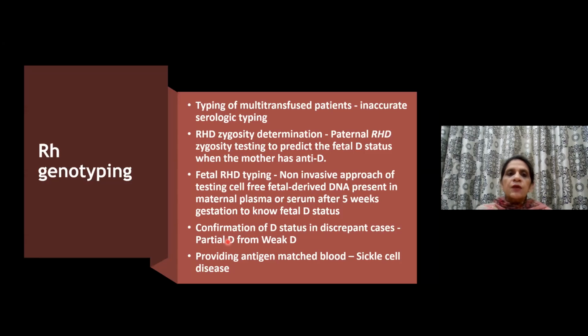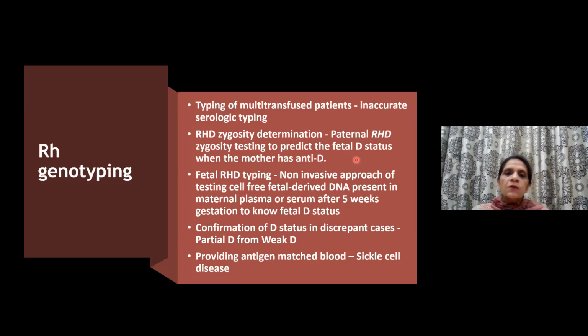Briefly about Rh genotyping, although this is a separate topic, so I've just summarized it in a single slide. It can be used to type multi-transfused patients whenever there is a problem in serologic typing. RHD zygosity determination is important. That is, paternal RHD zygosity testing may be used to predict the fetal D status when the mother has anti-D.